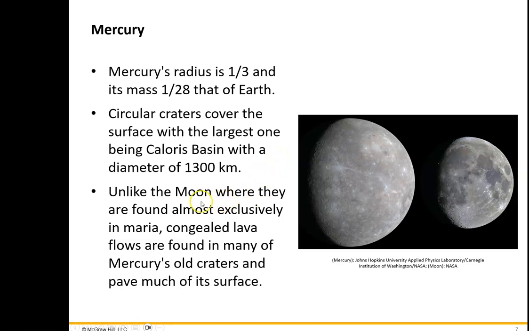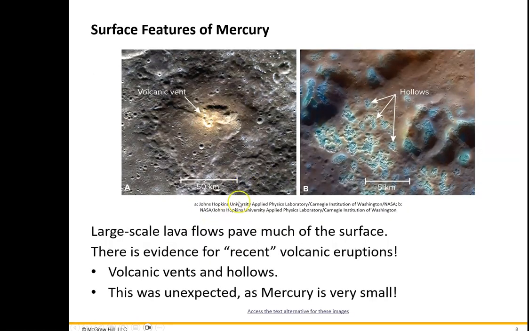Unlike the moon, where lava flows are found almost exclusively in the Maria, on Mercury they're found all over the surface.